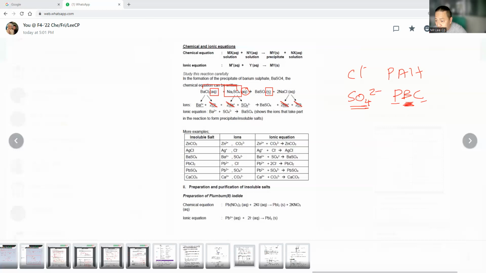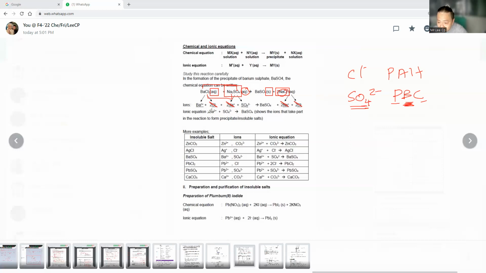Do you understand? And then we have Na and Cl, NaCl. Na is all soluble.